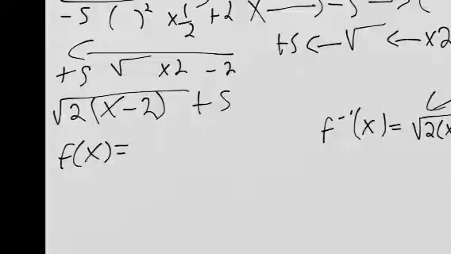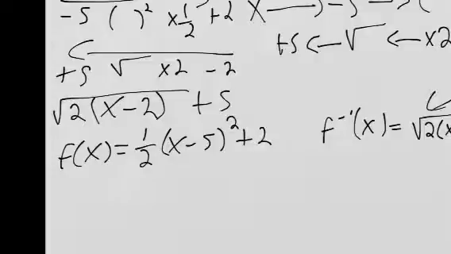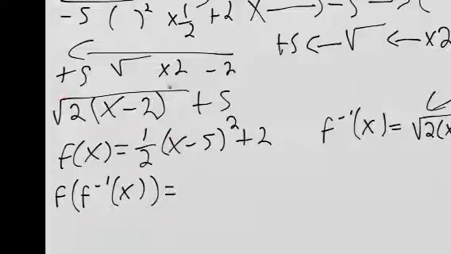It's 1/2 times x minus 5 squared, plus 2. We're going to get f of f inverse of x. What this means is everywhere we see an x in our original function, we replace it with the entire inverse.